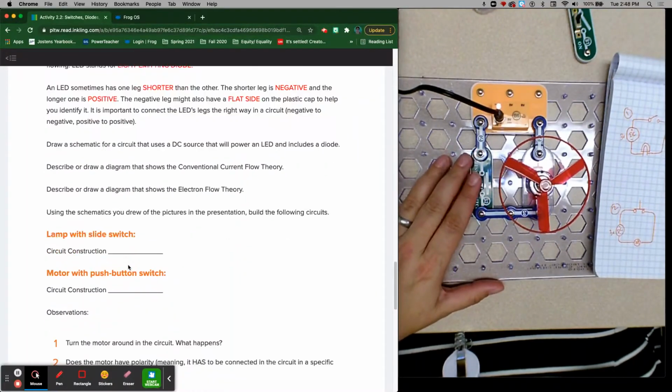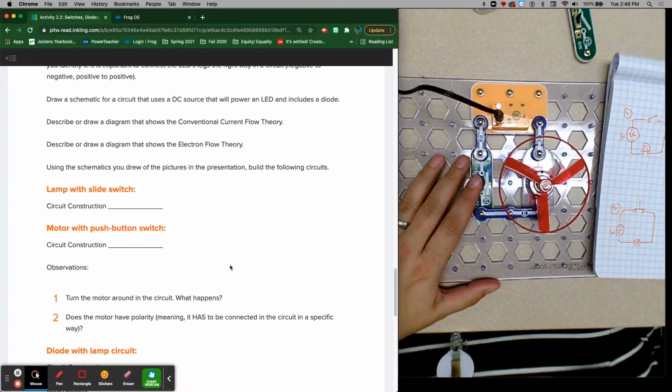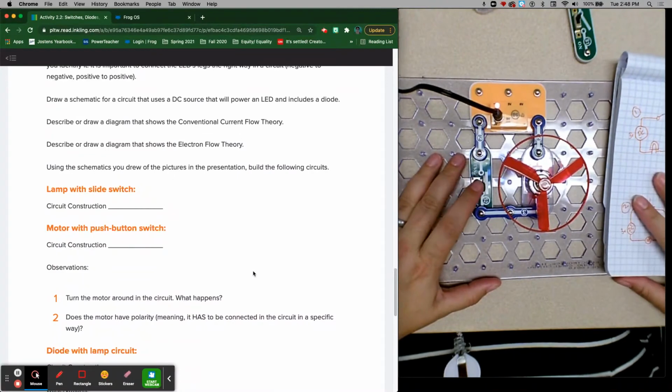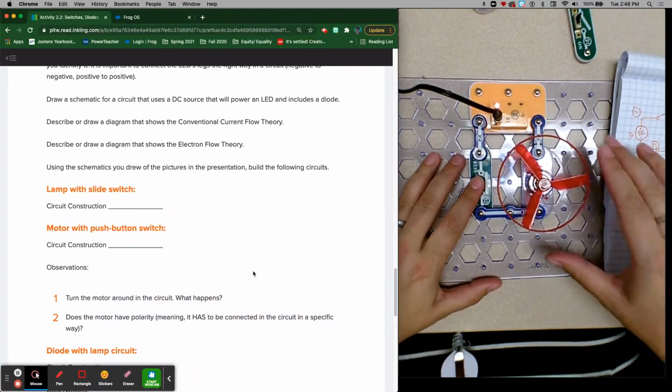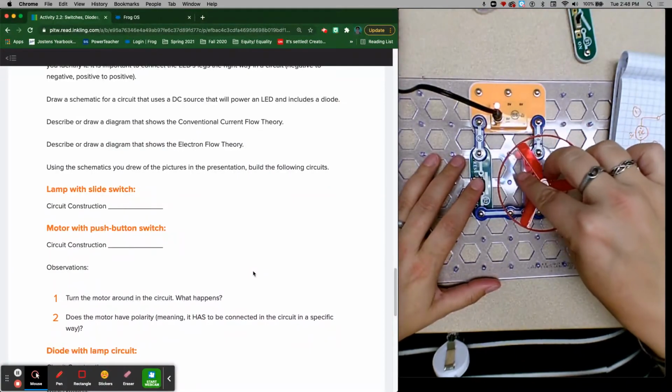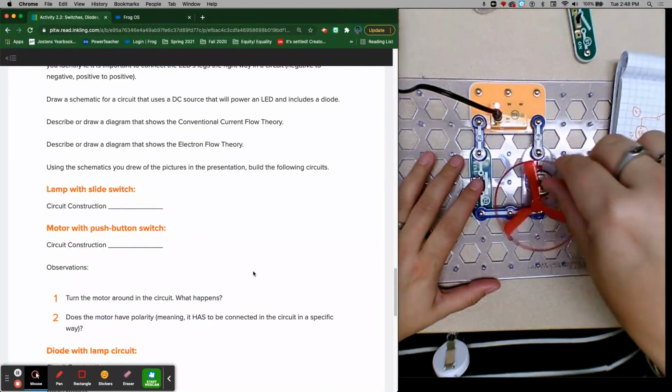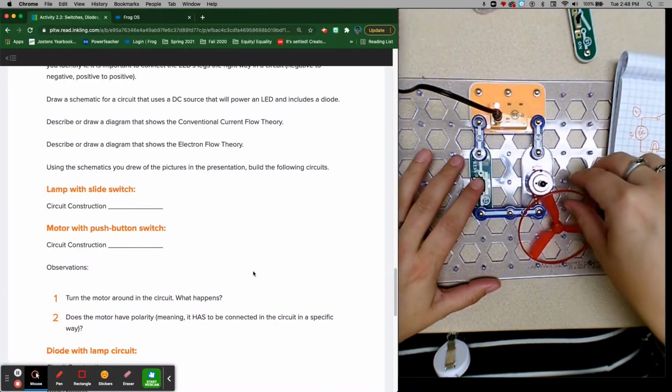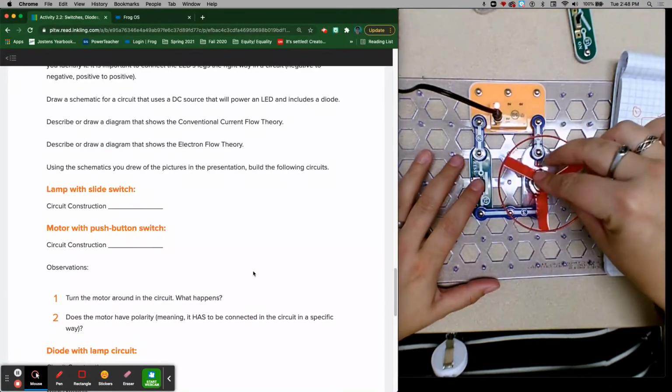All right, and then we've got some observations. So let's push our button. There we go.